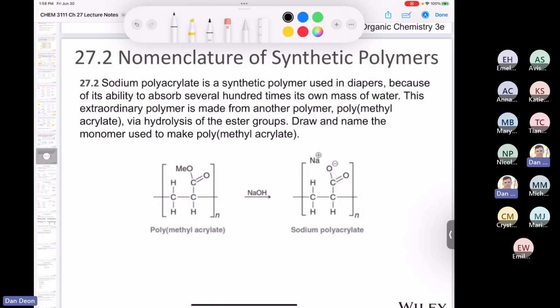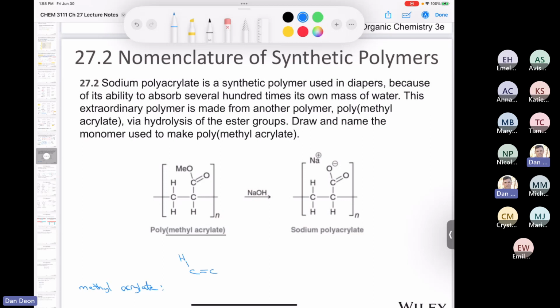So if it's polymethyl acrylate, then that means that methyl acrylate must be the monomer. So we'll write down here methyl acrylate, like that, okay? And then our monomer is going to look something like this. So now we're going to take these two carbons and we're going to connect them with a double bond.